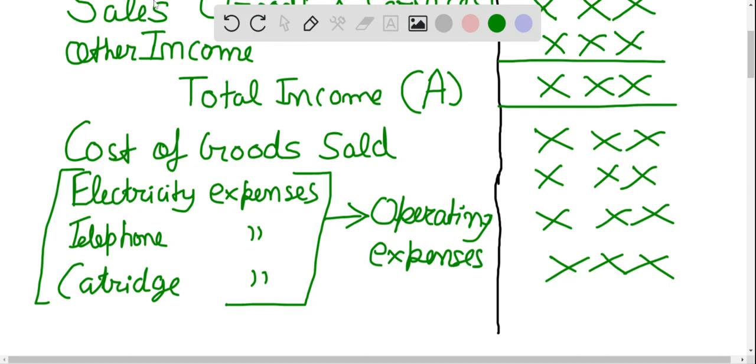So these are the items which can be aggregated into operating expenses. All the expenses which will be aggregated under operating expenses will always be different from cost of goods sold. Why is that so?